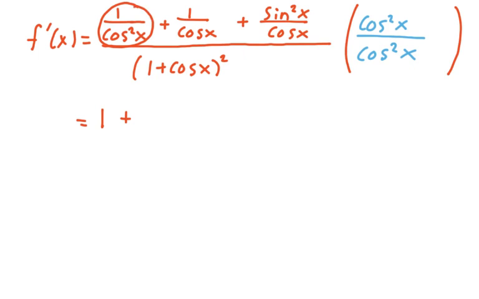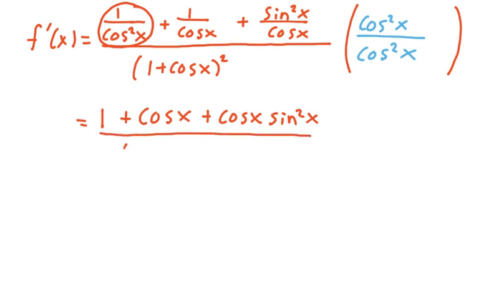And then 1 over cosine x times cosine squared x. And that'll be 1 plus cosine x plus cosine x sine squared x. That's the top. The bottom is 1 plus cosine x raised to the second. It's important to be able to do that. Okay? And that's 3a.